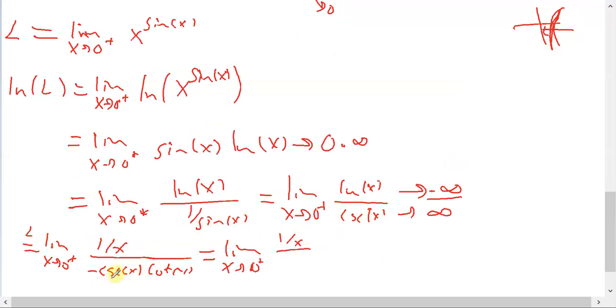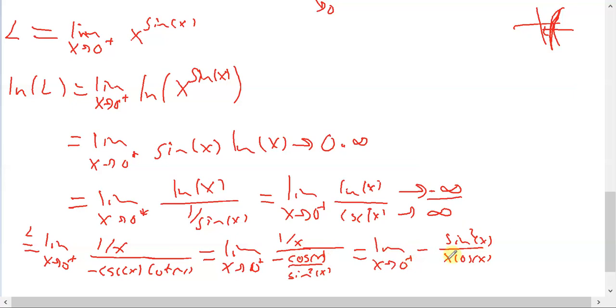This is going to be 1 over sine and cosine over sine, so I'm going to have minus cosine over sine squared. And so when I flip this around and multiply, I get the limit as x goes to 0 from the right. In the bottom, I'll have x times cosine, and the top, sine squared.